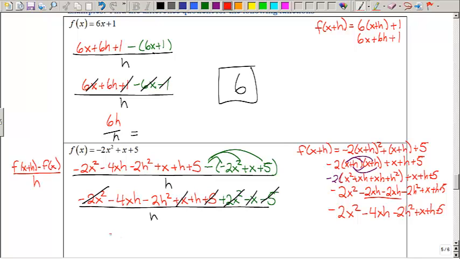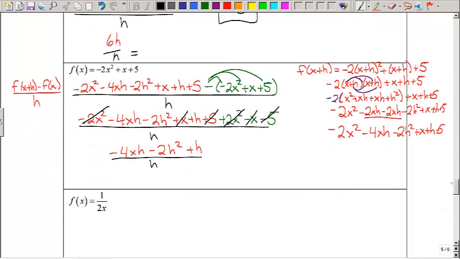What do I have left? I have negative 4xh minus 2h squared plus h, all divided by h. Notice that every term in the numerator has a common factor of h. And that should happen every single time. In order to get the h's to cancel in the second problem, just like the h's canceled in the first problem, I'm going to factor out an h out of the numerator.